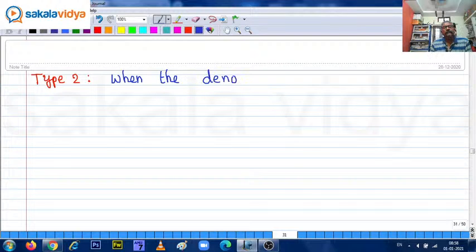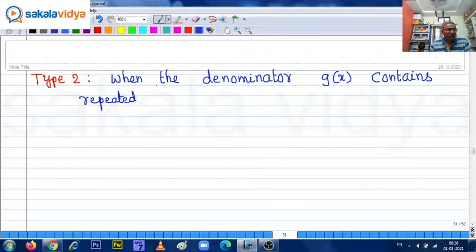Type 2 means when the denominator g of x contains repeated linear factors, that is (ax plus b) to the power of n.